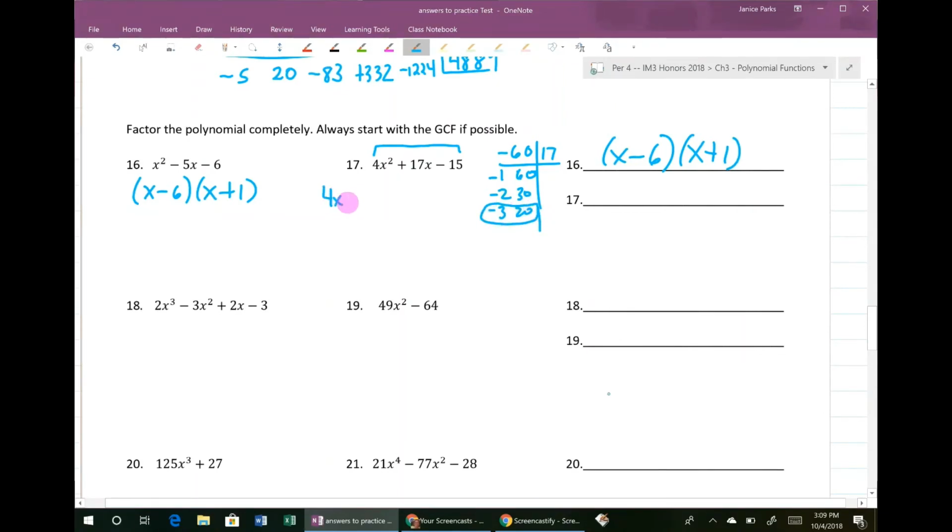So 4x squared minus 3x plus 20x minus 15. I'm using grouping. x plus 5 and 4x minus 3.